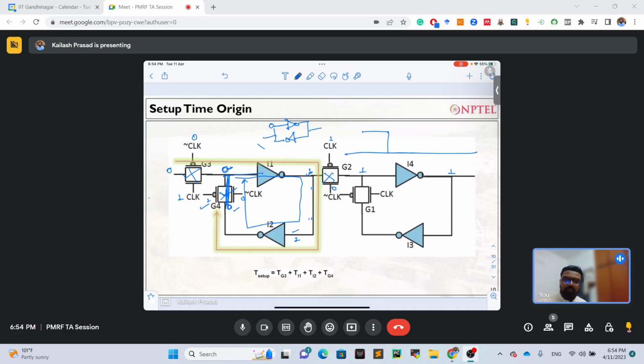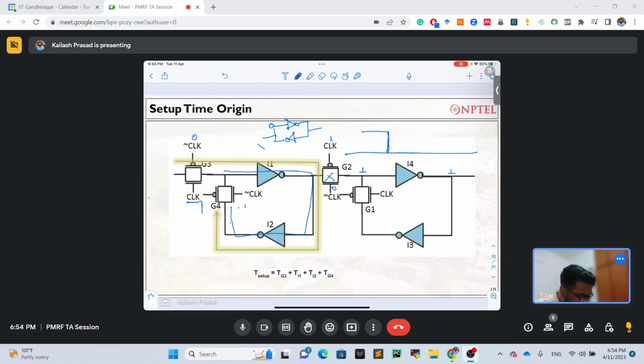Now the thing is, when this clock is coming, this data should be stable for this much of time. Why am I saying that? Let us take an example. Suppose the clock is about to go 0, and suppose this actually takes some time.